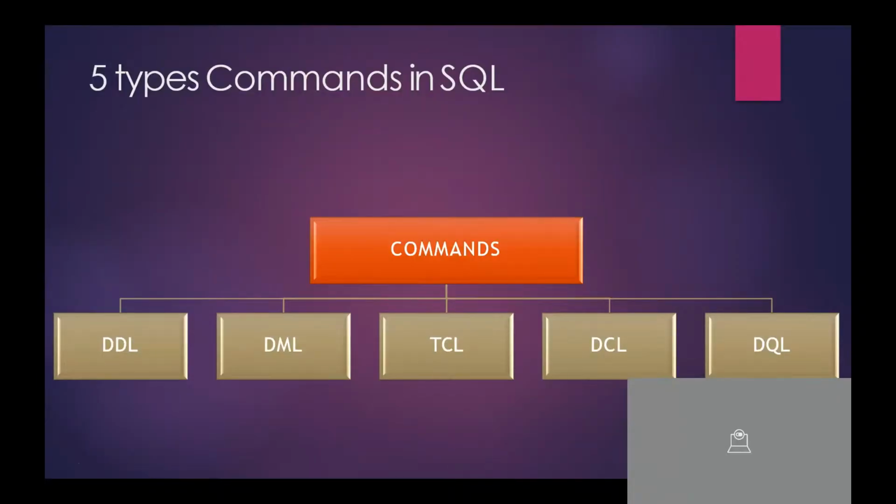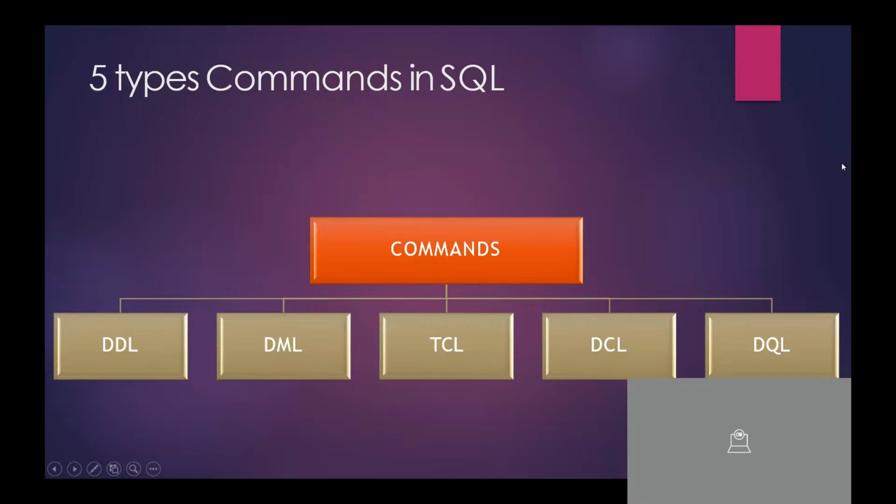There are five types of commands in SQL. The first is DDL, which stands for data definition language. The second is DML, data manipulation language, TCL is transaction control language, DCL is data control language, and DQL is data query language.